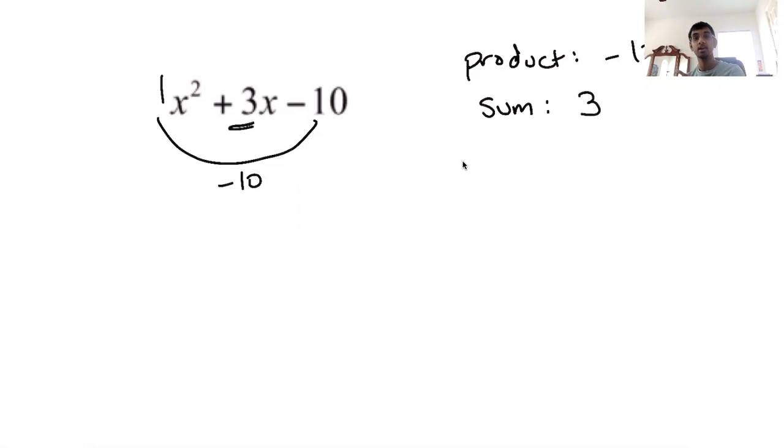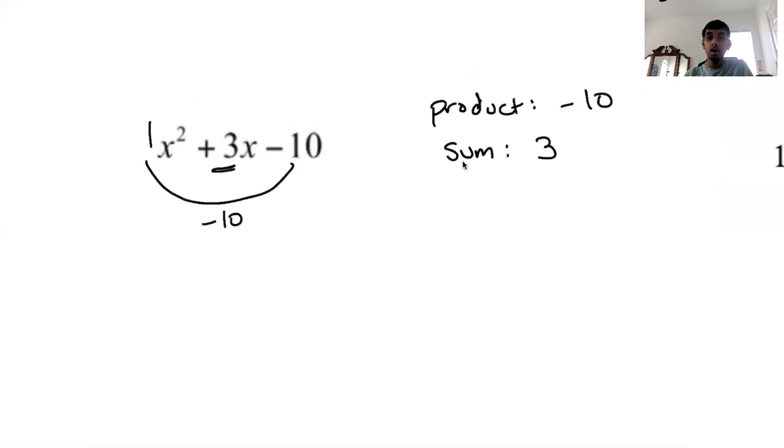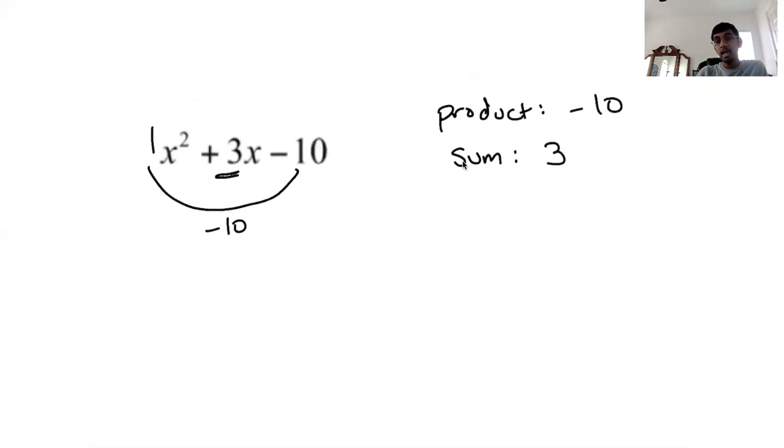Okay, so now we have to think, what two numbers could I use that multiply to get me negative 10 and also add up to positive 3? So let's think. How about 5 and negative 2? Because if I multiplied positive 5 times negative 2, it would get me negative 10, and positive 5 minus 2 would give me a sum of 3.